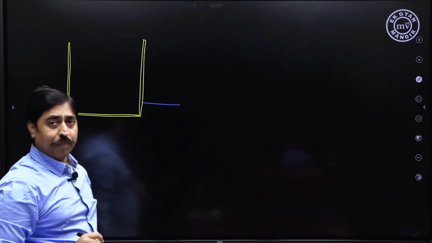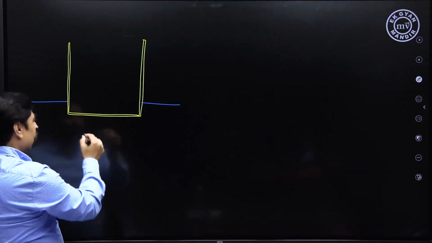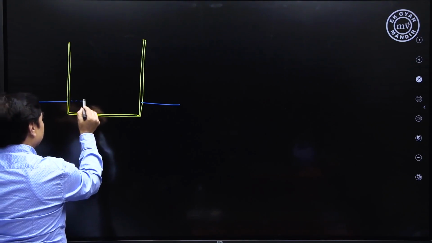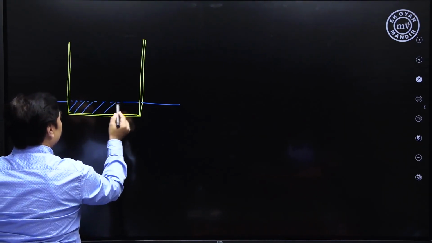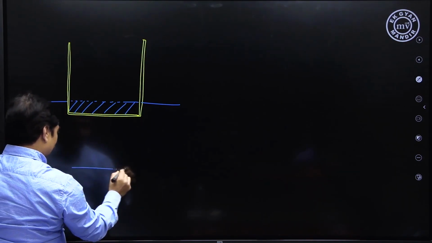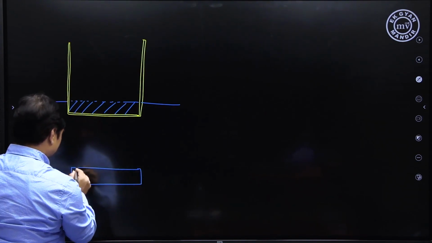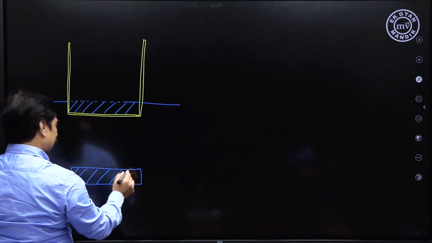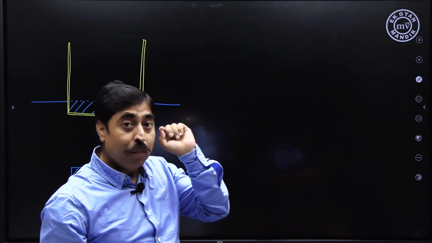What am I trying to tell you? If the boat has been placed in this pond, this boat has displaced exactly this much amount of water. And this much amount of water, if you weigh it, if you find the weight of this much volume of water, this volume of water will have the same weight as that of the boat.